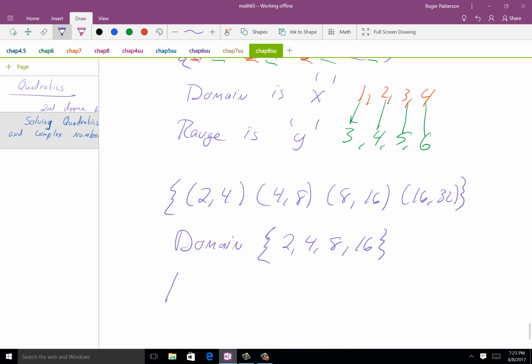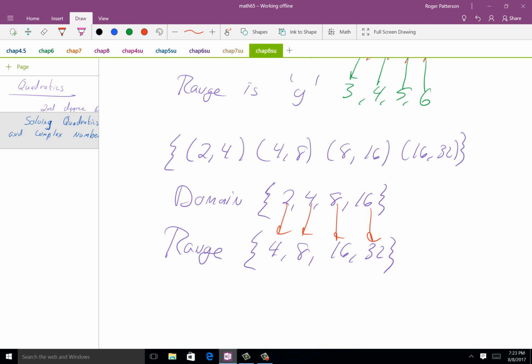Then here's the range. Ranges are y. So what numbers are in the y's? 4, 8, 16, and 32. And here's that pairing, here to here to here to here. That makes it a function. As long as there is one number in the range paired with one number in the domain, we're good to go.